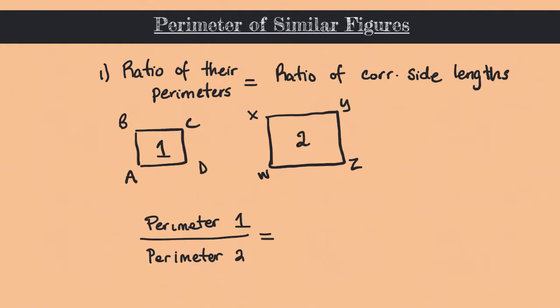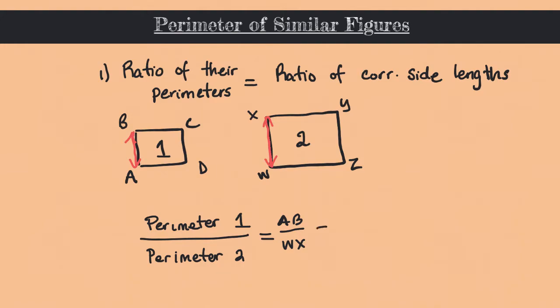So what does that mean? Let's first of all find the corresponding side lengths. So AB here corresponds with WX. So that ratio, we could represent it as AB over WX. So whatever those values would be, the ratio of the perimeters would be equal to the same ratio of that corresponding side length.